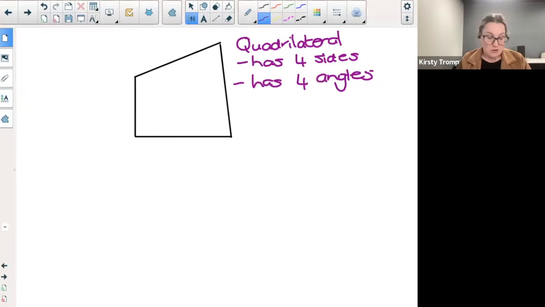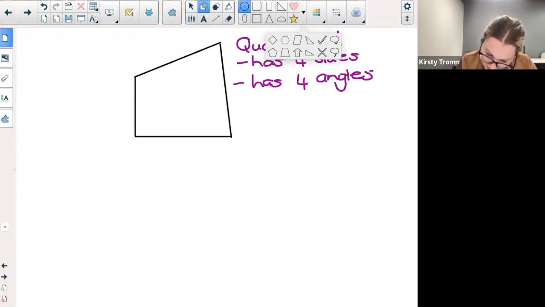The first kind of quadrilateral that we're going to look at is, let's see if we've got it here. We do. Look at that. Let's see if it'll let us choose it. The first kind of quadrilateral we're going to look at is this one over here on the side that we're going to draw.